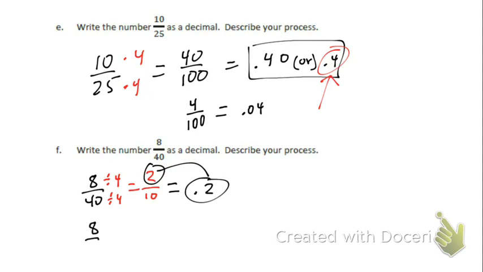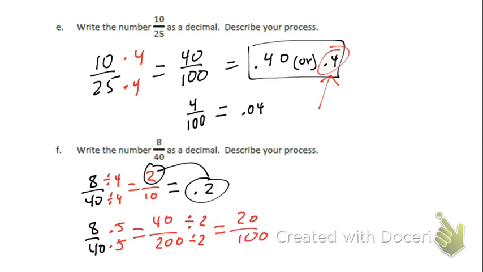Another way that some of you guys might have done it was multiply top and bottom by 5. Get 40 over 200. And then after that, you can divide it by 2. And get 20 over 100. And we know, since it's the hundredths place, it should be 2 numbers.